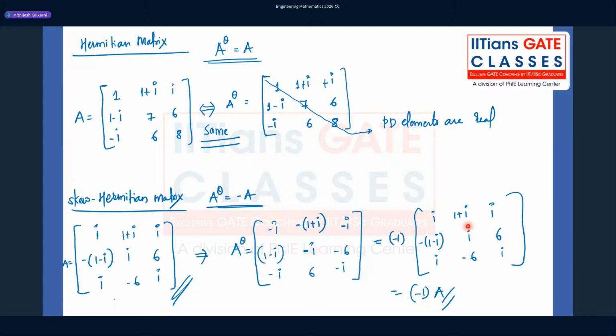Okay, skew Hermitian is when after taking the transpose and then conjugate, you end up with a minus of the original matrix. Then it's a skew Hermitian matrix.